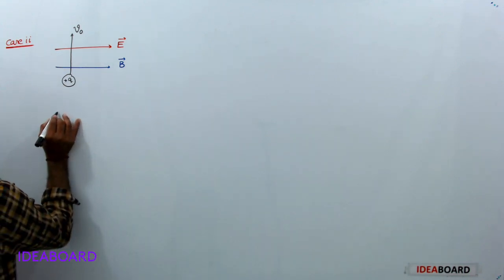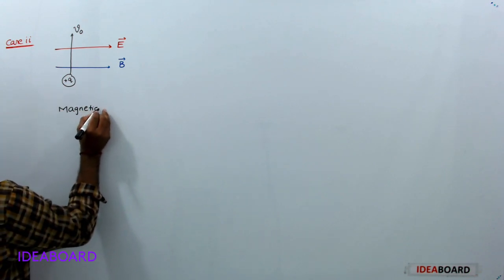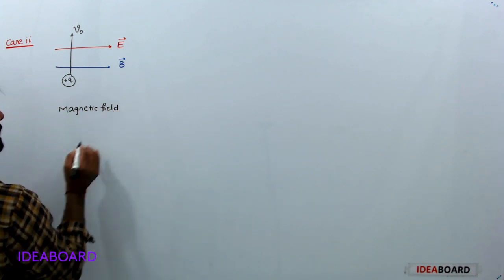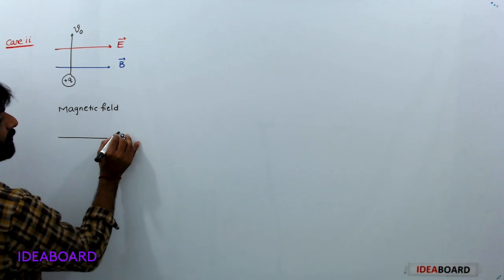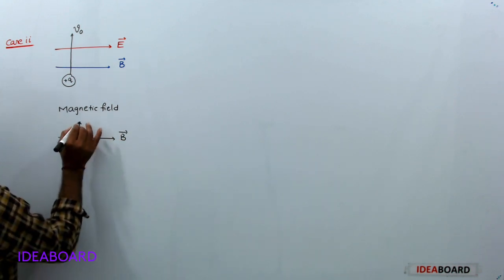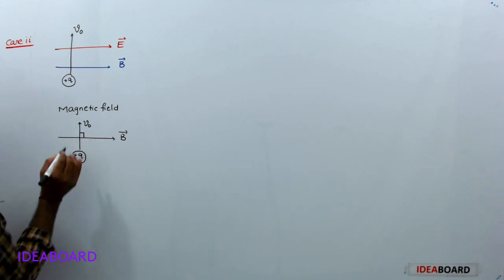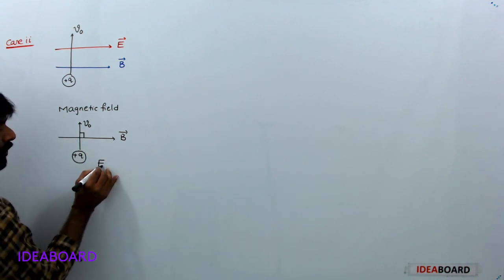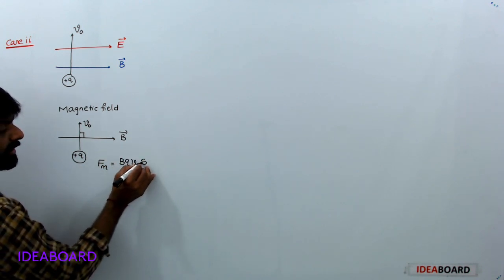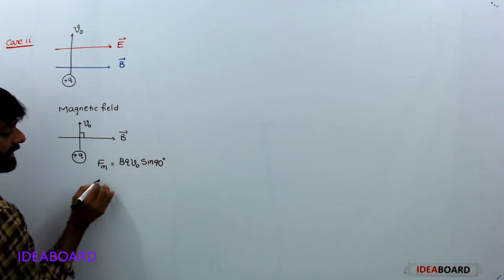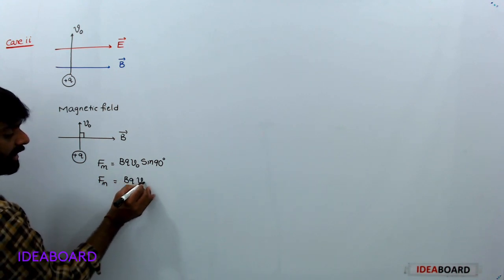First of all, magnetic field influence. It is the magnetic field, and it is the charged particle velocity. Both are perpendicular. Magnetic force is equal to BQ V naught sine 90 degrees, so the magnetic force is BQ V naught.